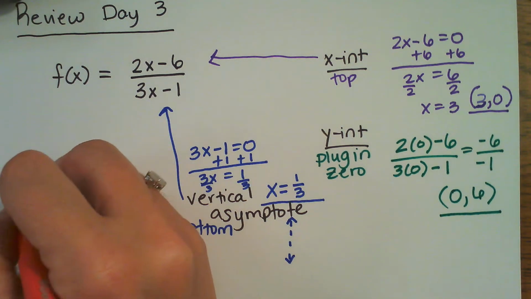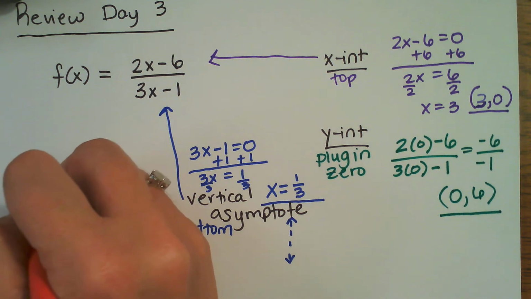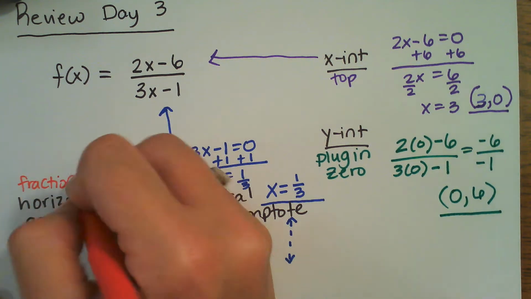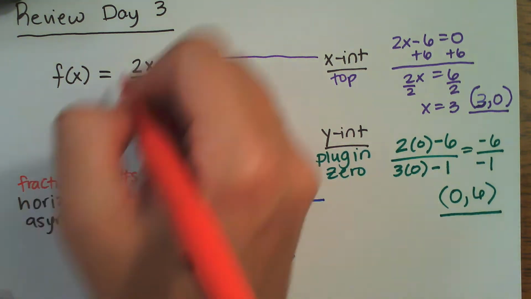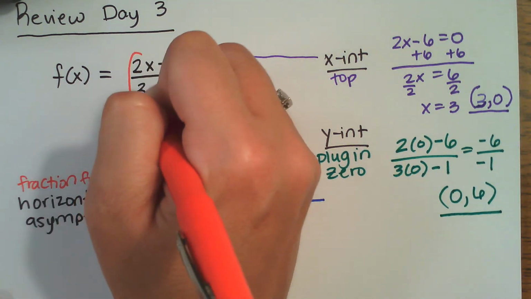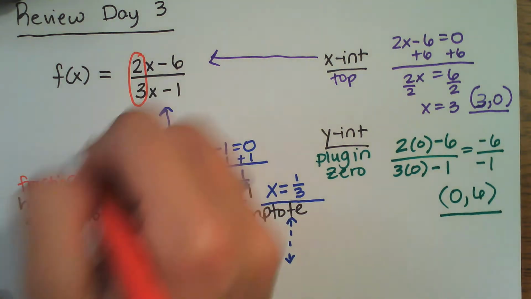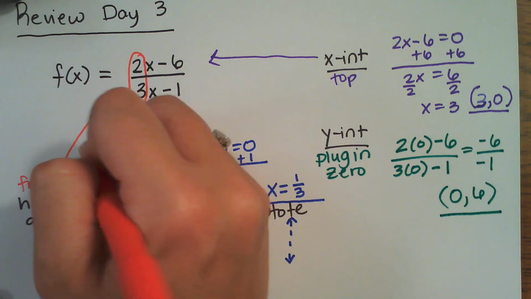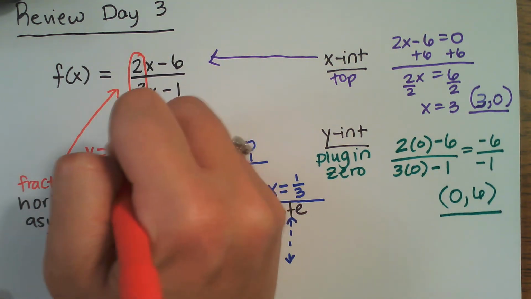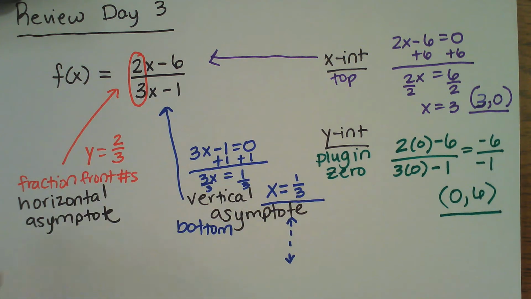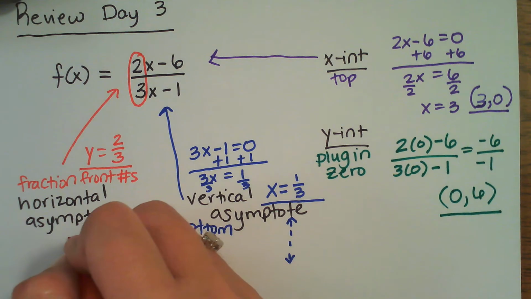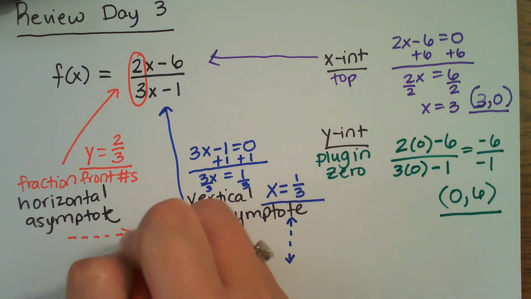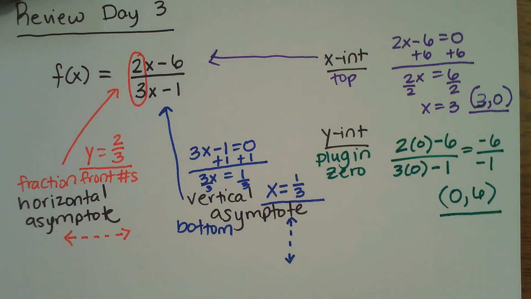The horizontal asymptote is a fraction of the front numbers. So this one would be y equals 2/3. And a horizontal asymptote is a dashed line that goes left and right.